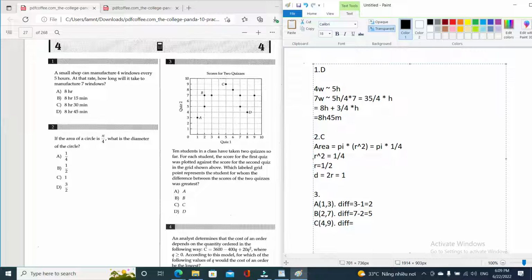So okay, 1, 3, correct. 1, 3 here. The second one is 2, 7 here. Okay, so it's 5, 9 here. So it's 9 minus 5, which is 4. And D here is 8, 5, right? 8, 5.